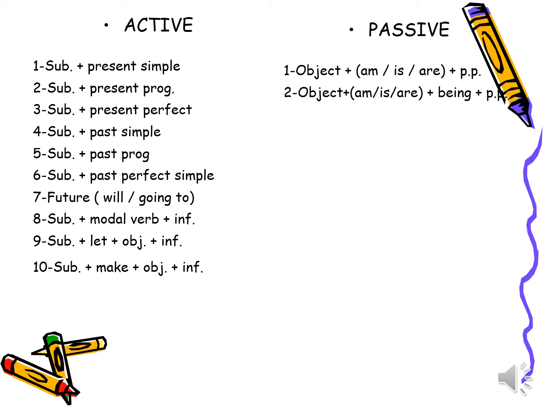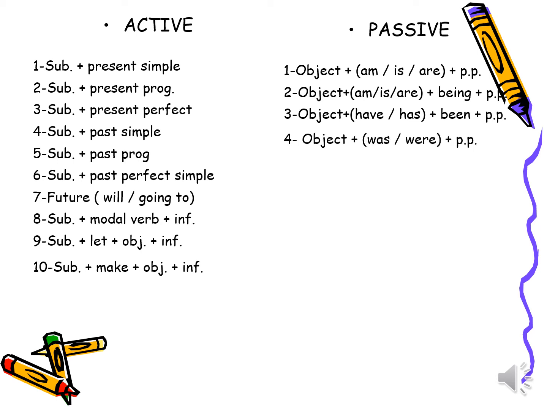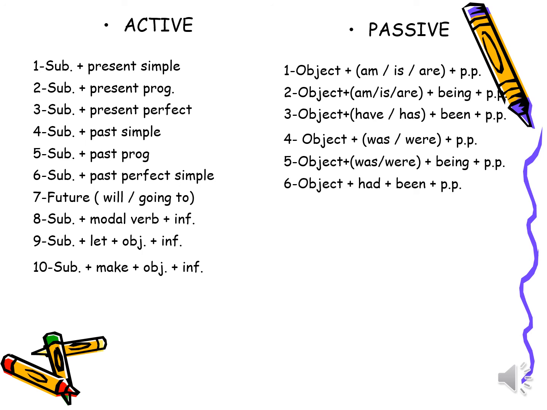Number three, present perfect: have or has, plus been, plus past participle. Number four, past simple: was or were, plus past participle. Number five, past continuous: was or were, plus being, plus past participle. Number six, past perfect simple: had, plus been, plus past participle.